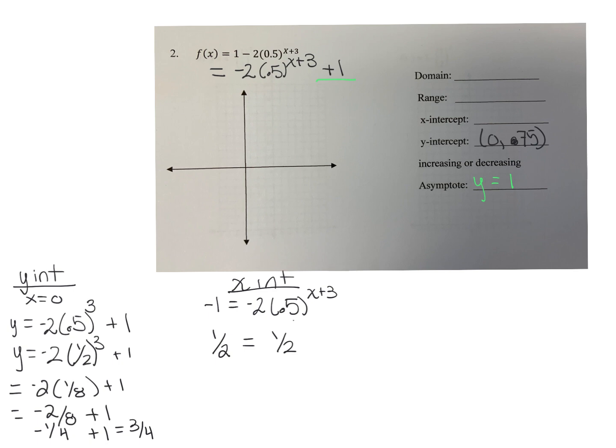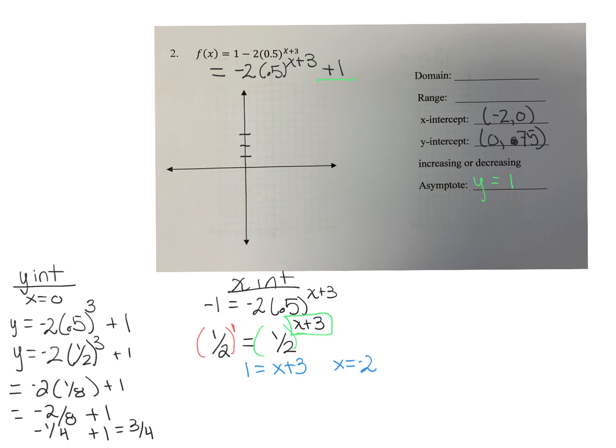And now I'm going to use that property that we used in the last problem. The power on this 1/2 is 1, and the power on my other 1/2 is x plus 3. The only way, because my bases are the same, that this can be a true statement is if 1 equals x plus 3. So we know that x has to equal -2. So my x-intercept is -2, 0.